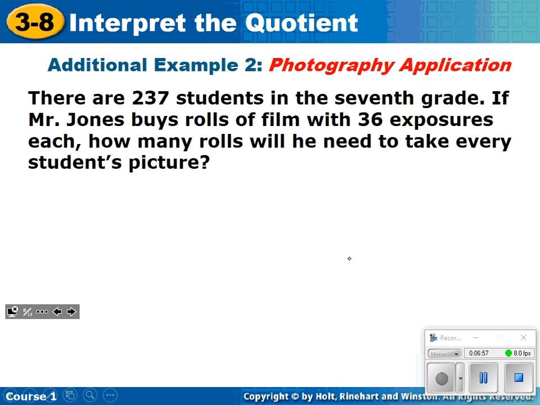Yeah. There used to be cameras where you put this stuff in there and then take the picture, and you couldn't see the picture until you had the film developed. Okay? Each one used to be a little roll about this big around, and you put it in the camera like this.